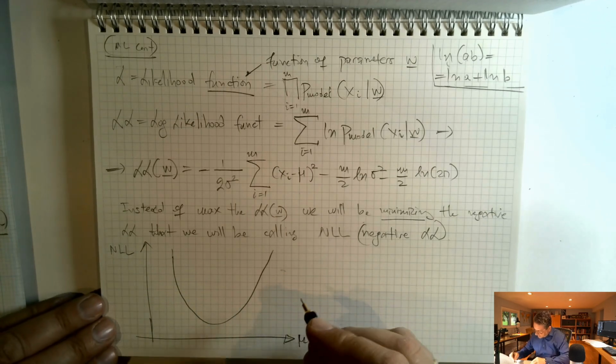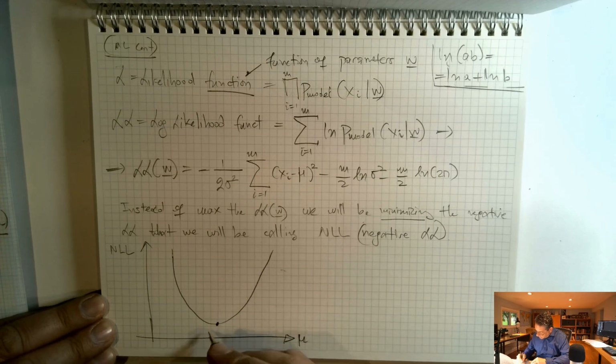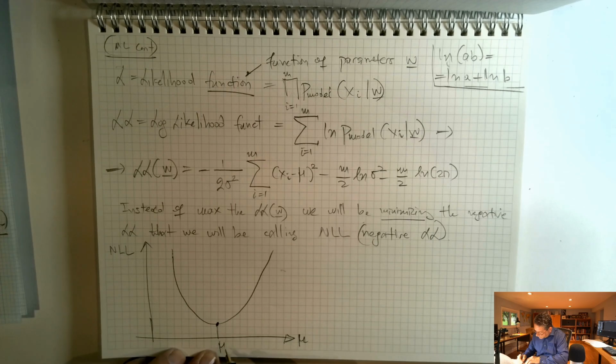So we will be minimizing it. We will try with some algorithm to find the minimum. That minimum we will be calling nu star. Of course, we'll repeat exactly the same exercise with sigma squared.